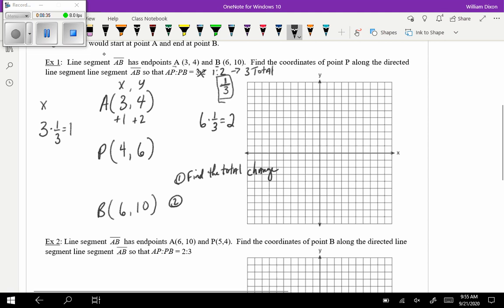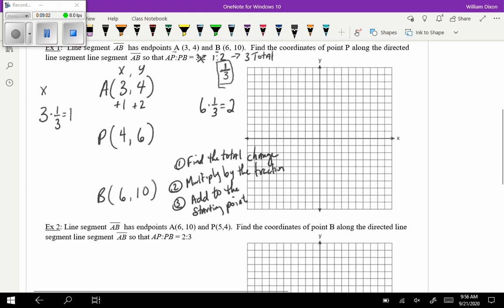Multiply by the fraction. 3. Add to the starting point. Very important: that last step is always what students tend to miss.